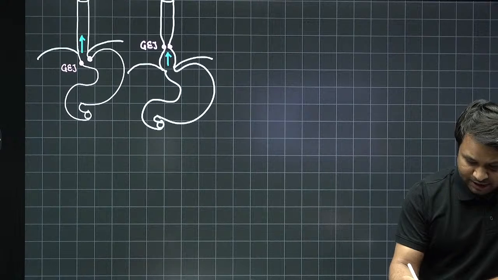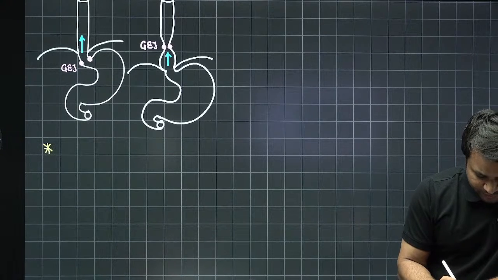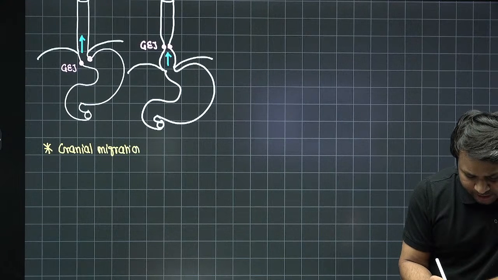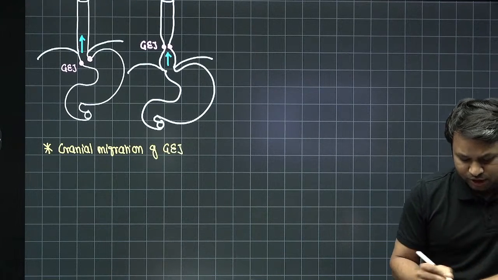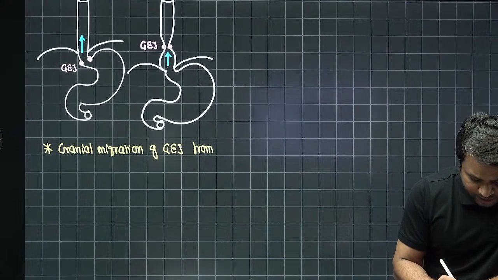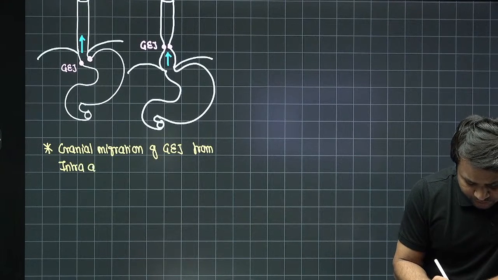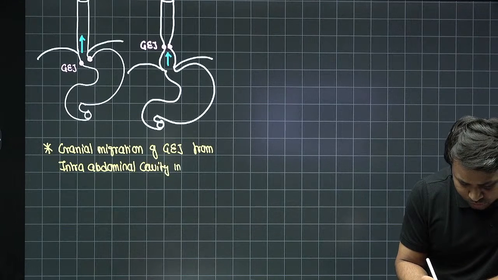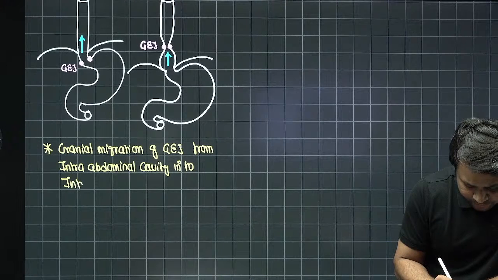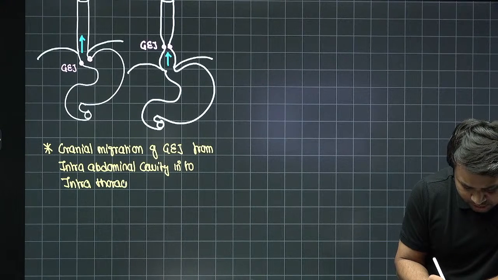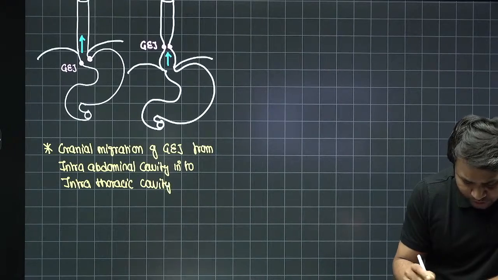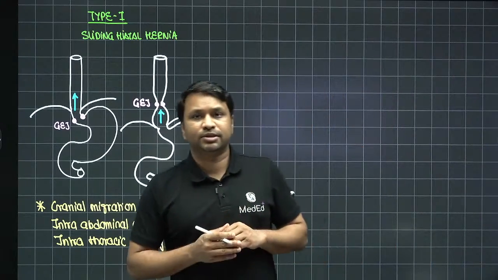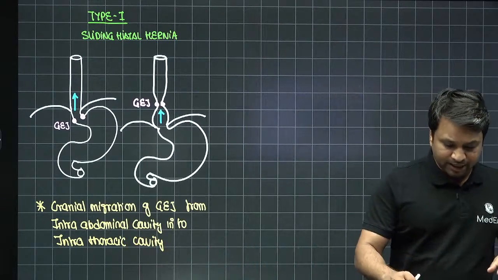It is defined as the cranial migration of the gastroesophageal junction from the intra-abdominal cavity into the intrathoracic cavity, and this is what we call the sliding hiatal hernia, also called the type 1 variety of the diaphragmatic hernias, right? So this is in the context of sliding hiatal hernia.